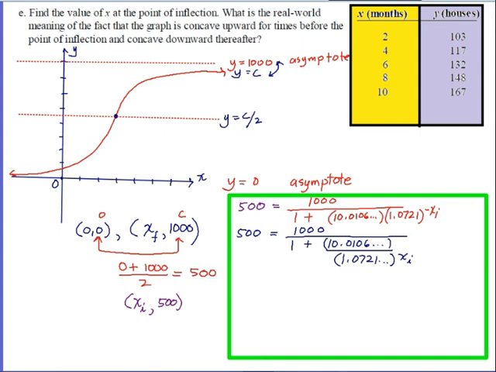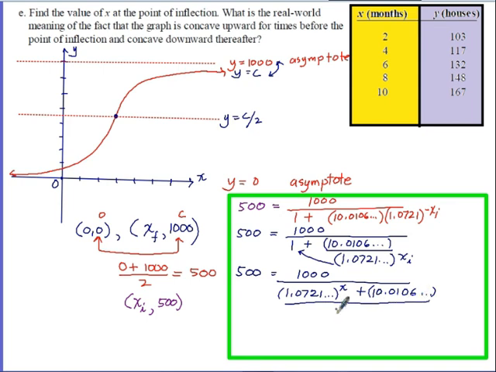And so this will give us 500 equals 1000 all over, we have to get the LCD of the denominator, so 1 plus, this will give us 1.0721 raised to x plus 10.0106 all over 1.0721 raised to x.